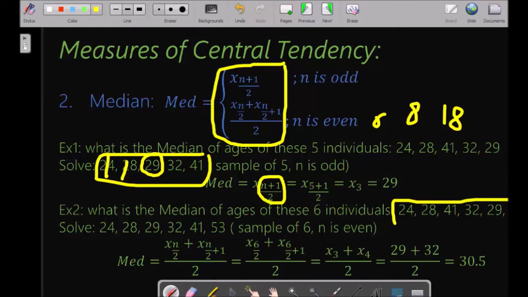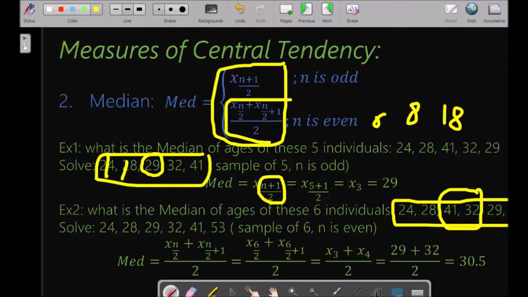There are 6 values. How can I get the median? So this is an even sample. I can take these two values that are in the middle and calculate the mean of them.